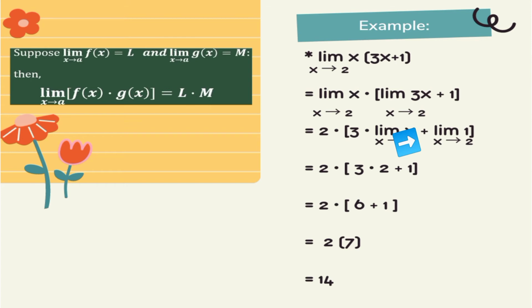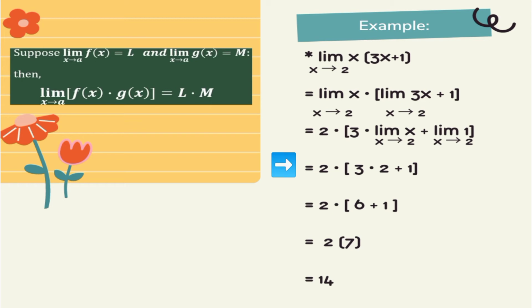Then we are going to simplify. We are going to bring down 2, bring down the 3, and then in this part we are going to apply theorem number 2. So we are going to get the value of where the x approaches, which is 2, and in this part we are going to apply theorem number 1, so the constant is 1.